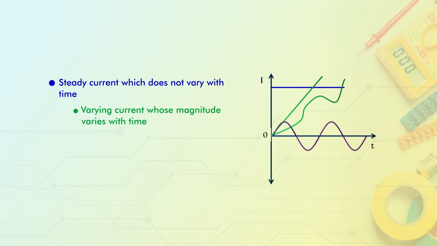We can see there are various movements in the curves which are purple and green in color, while the blue one is straight. So the steady state current flows in a straight line, the magnitude never changes, while in the varying current the magnitude varies with time. We can see a sinusoidal waveform there.